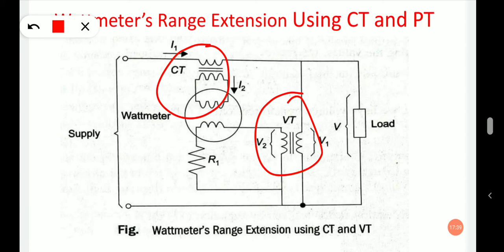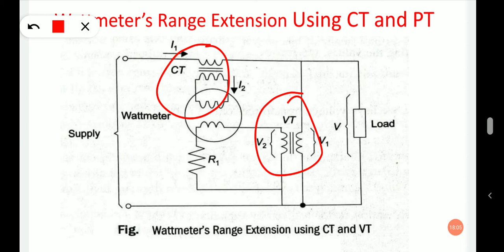So purpose of CT is to reduce the current level, and voltage transformer is used to reduce the voltage level to a suitable level.